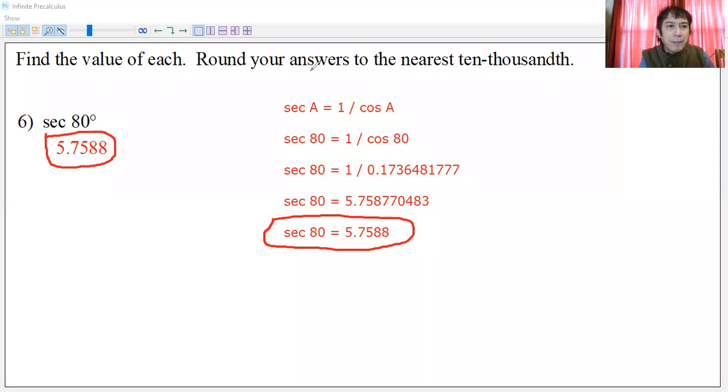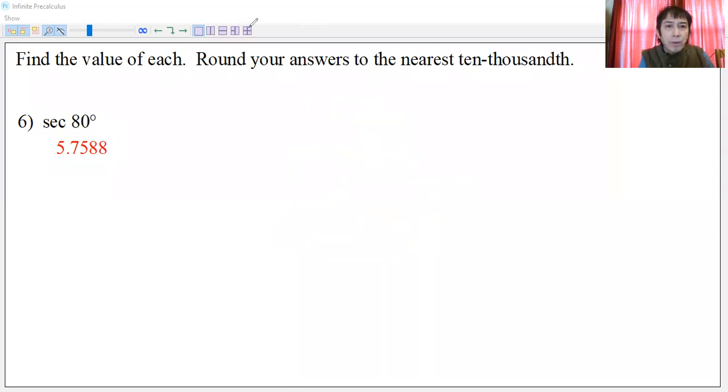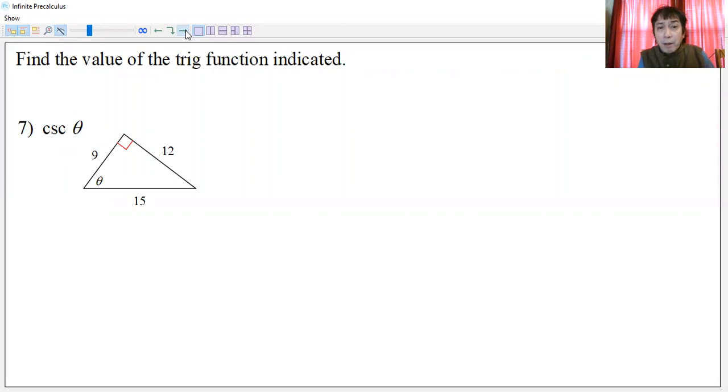Next is number 7. All right, number 7 is over here. We have a triangle, a diagram. So we're going to consider cosecant of angle theta. Now, angle theta is a Greek letter.